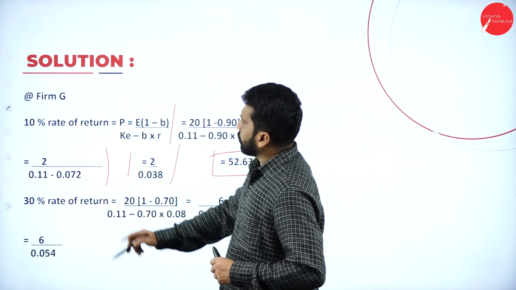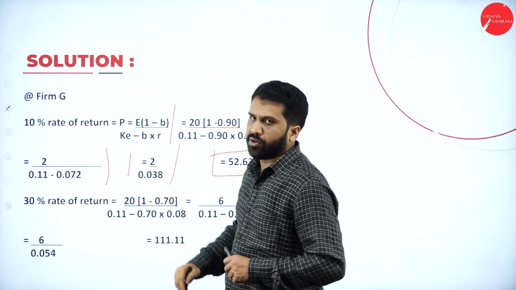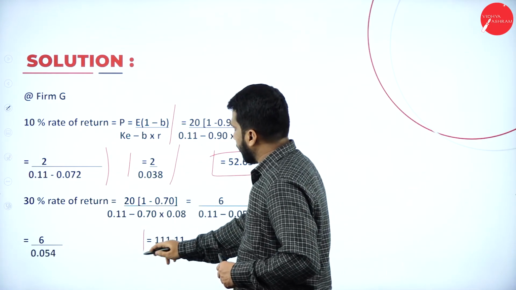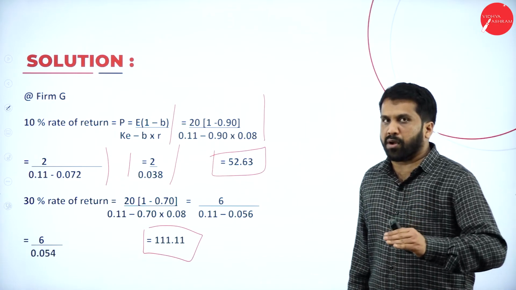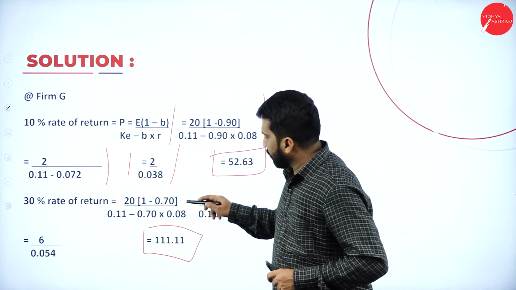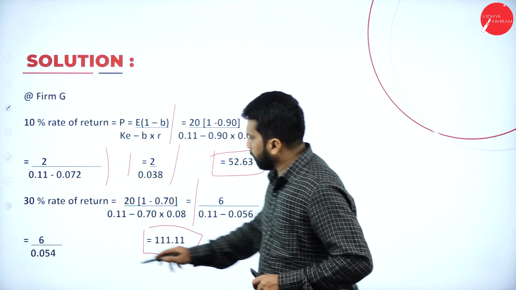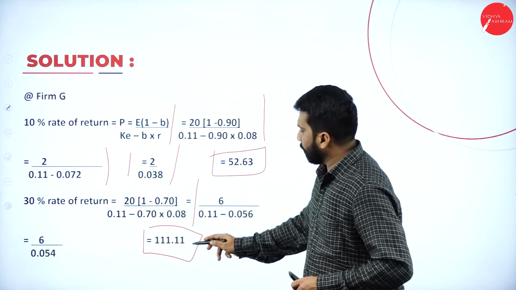Similarly, last, we are doing G now, 10% over, 30% final answer, 311.11. While doing a problem, remember there is a first step, second step, third step, and fourth step.